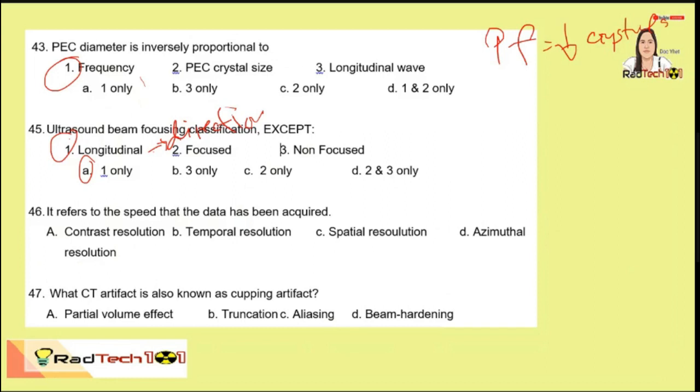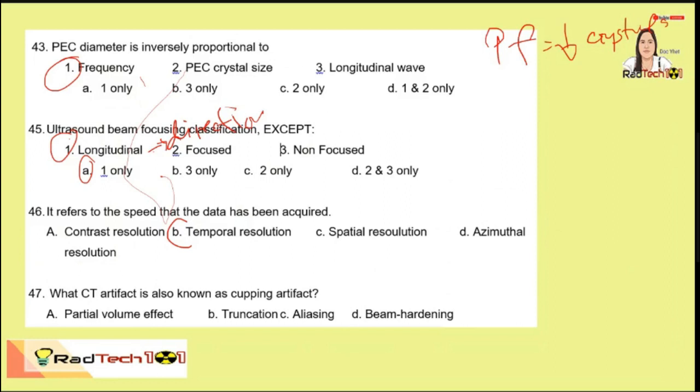Refers to speed that the data has been acquired. So it refers to the temporal resolution. So it refers to the precision of a measurement with respect to time, kung gaano siya kabilis. So that is temporal resolution.